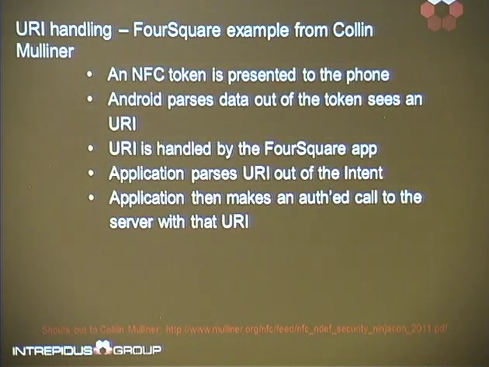And the example that I wanted to talk about here, a pretty destructive one, or destructive in a funny way, I guess, is an example that Colin Mulliner presented, I believe at NinjaCon in 2011.